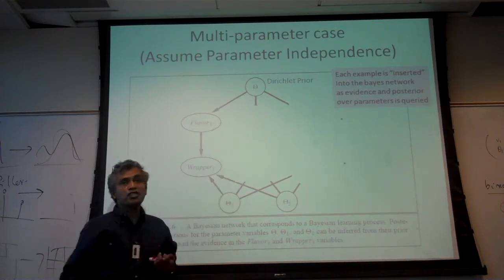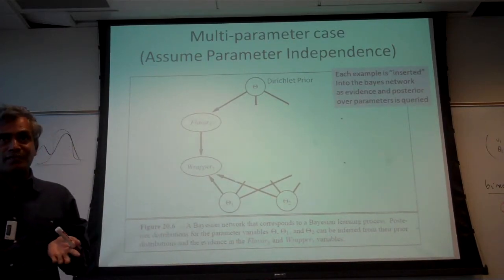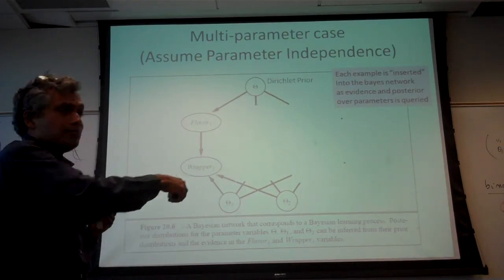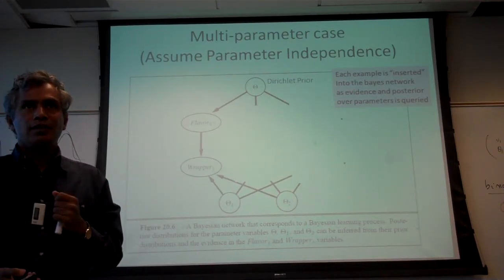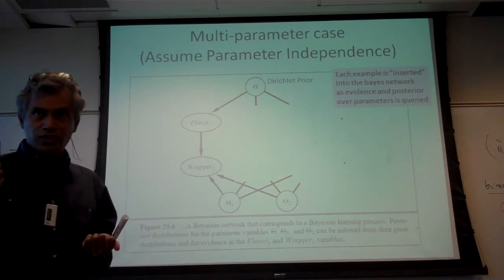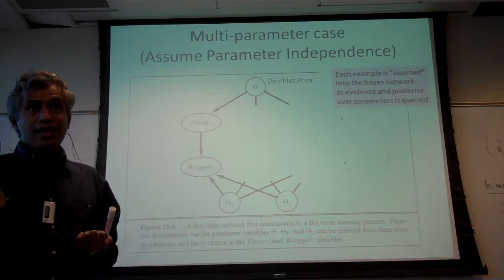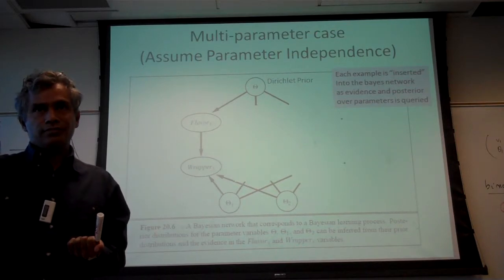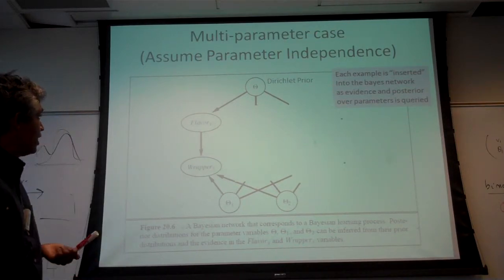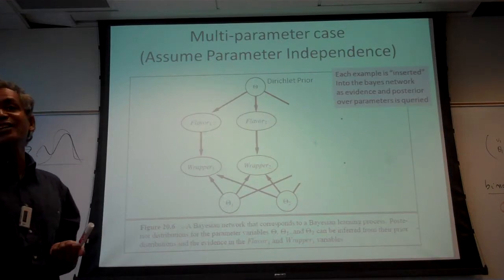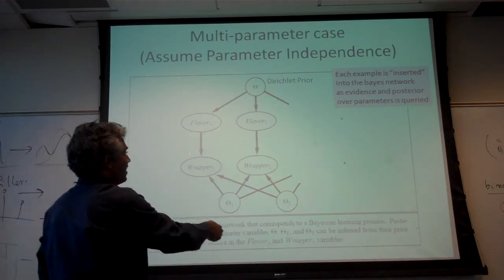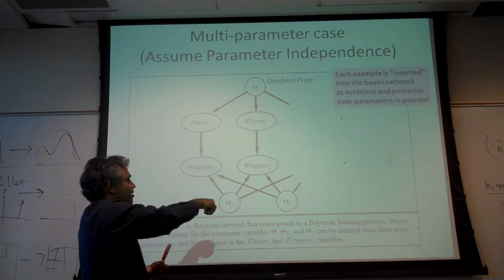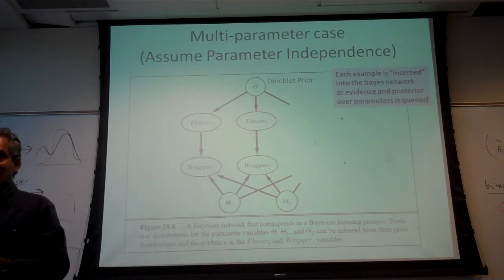I can compute the posterior using any Bayes network inference algorithm, and that would be the new hypothesis posterior. When you get one more data point, you put that in. Now I have a bigger network. Once again all these nodes are evidence, and I just compute the posterior on this.